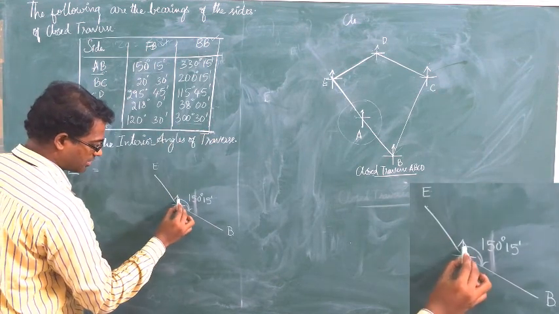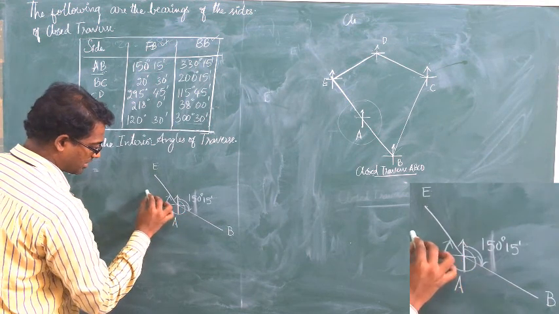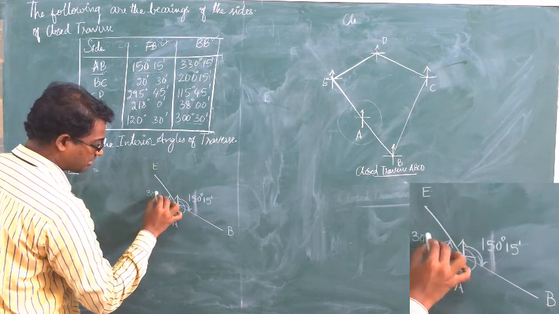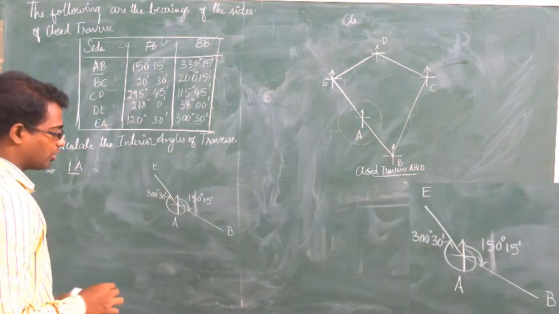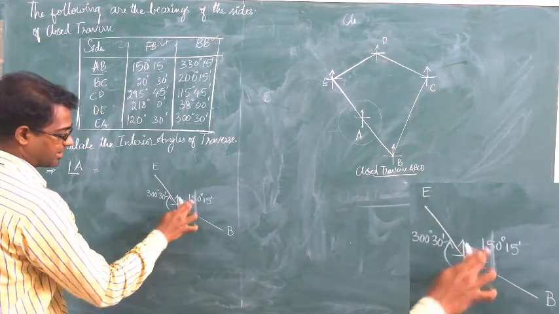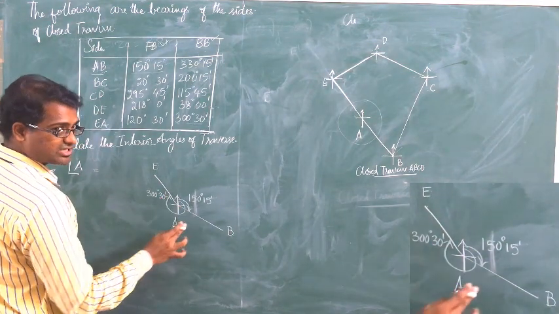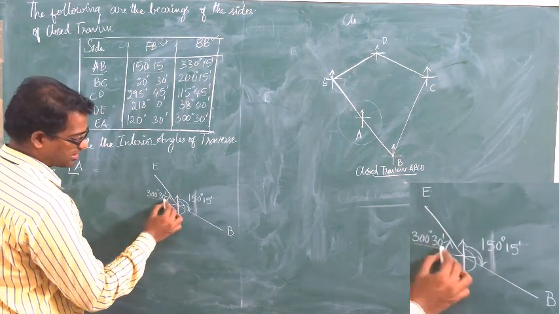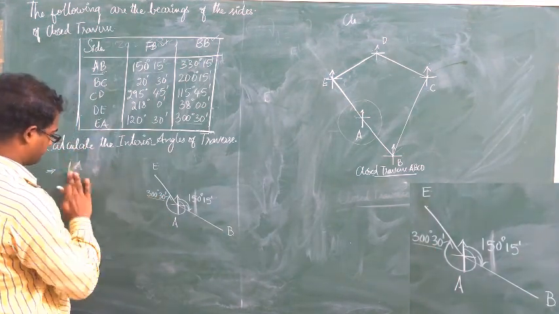So from here to here, this is 300 degrees 30 minutes. So how do I get this total angle?